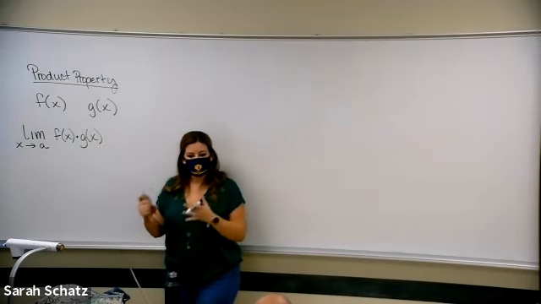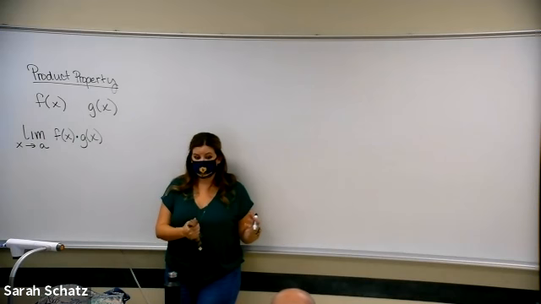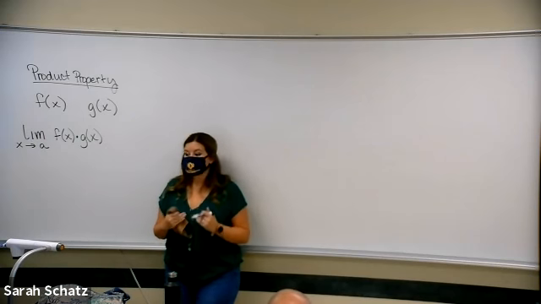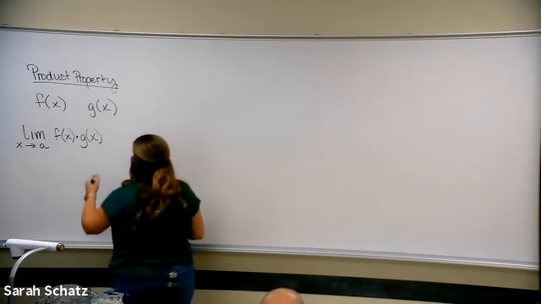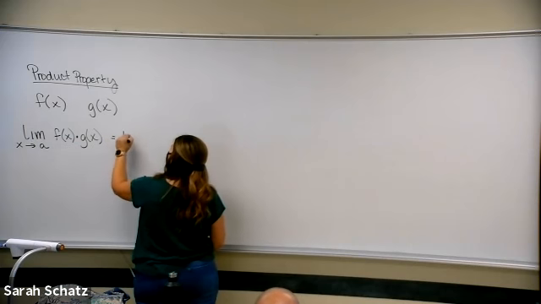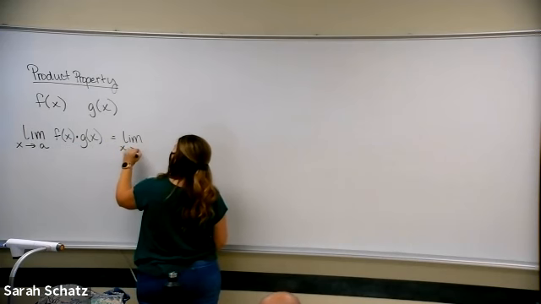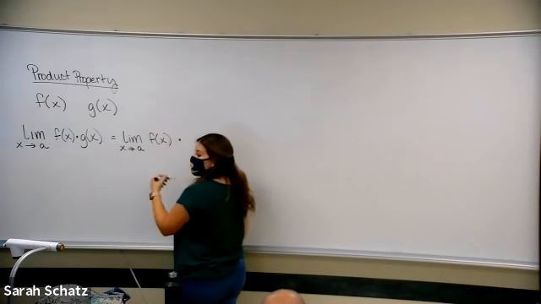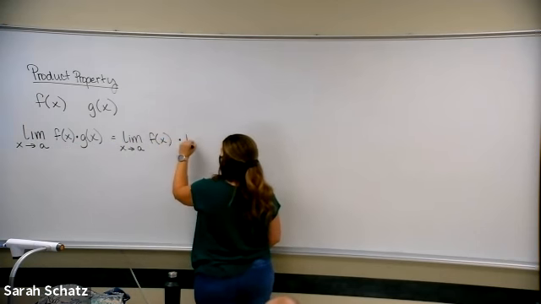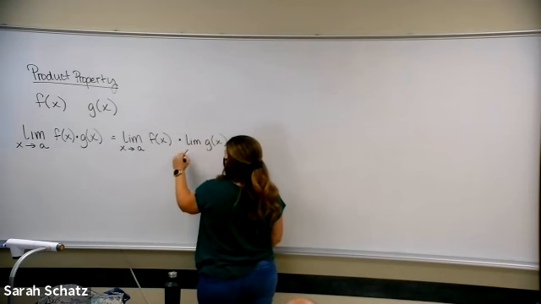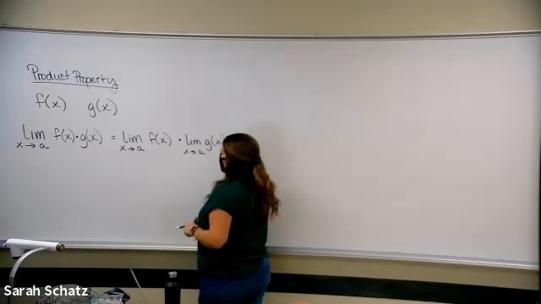I can find the limit of each one separately and then multiply those two values together. It works just like I want it to work. So the limit of f of x times g of x is going to equal the limit of f of x multiplied by the limit of g of x. So you can find the two limits separately, and multiply those values together.